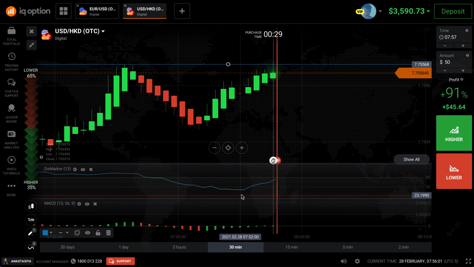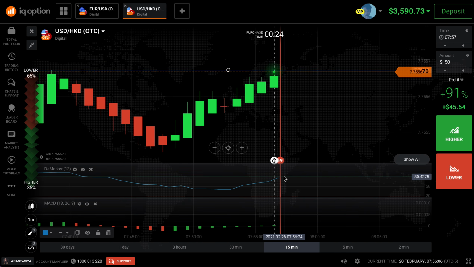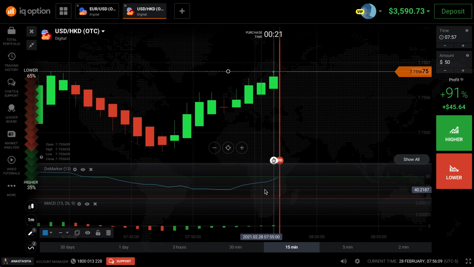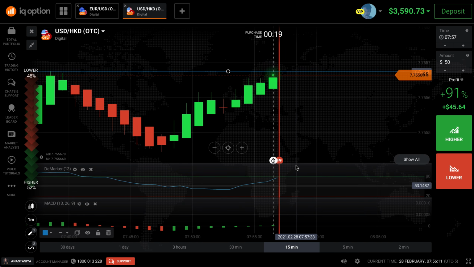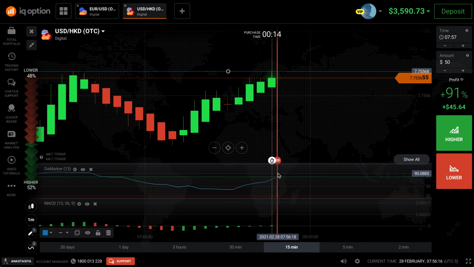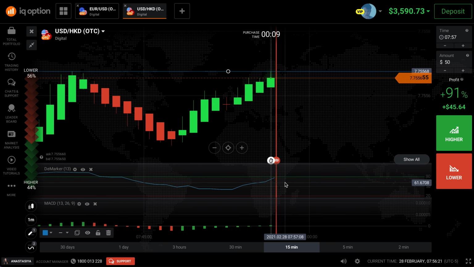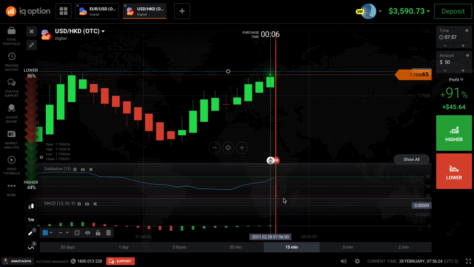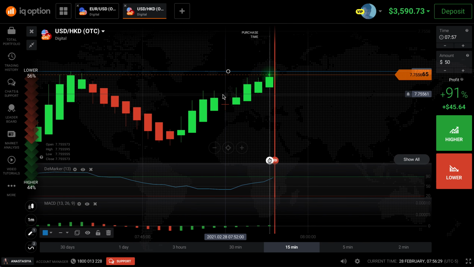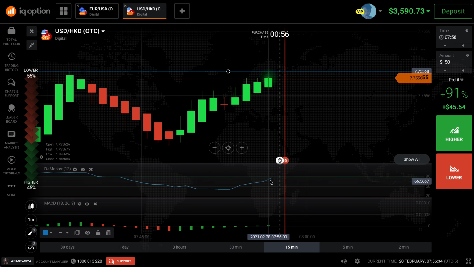We see that the trend is up and about to touch this overbought line. When it is going to cross up, it is more profitable to trade up there as well. When this line is about to cross the overbought line down, that is a time for reversal. Because the MACD is telling us the next candle is more likely to be green, and this line is about to cross the overbought line.